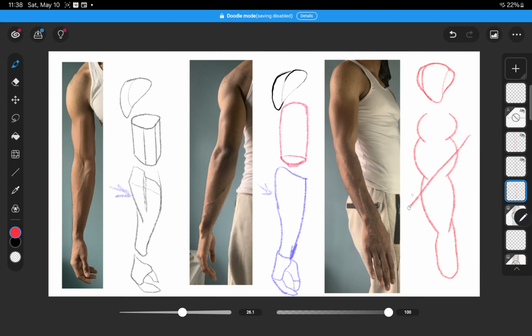And that's no. That looks like the Michelin Man. We don't do that. It's gotta have flow.